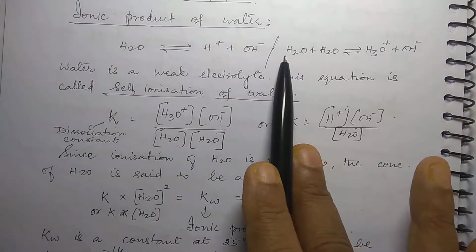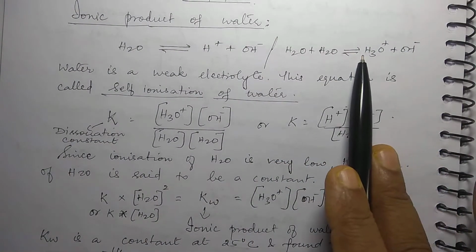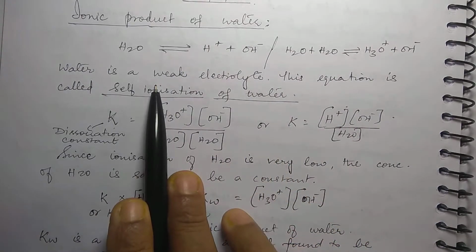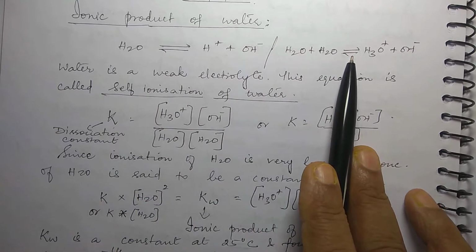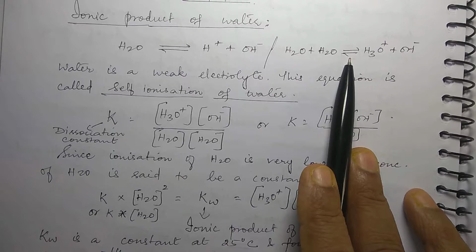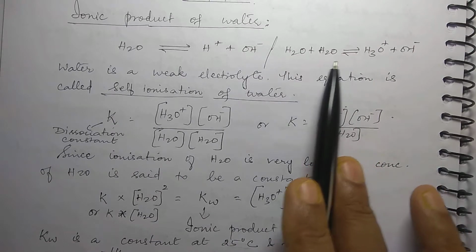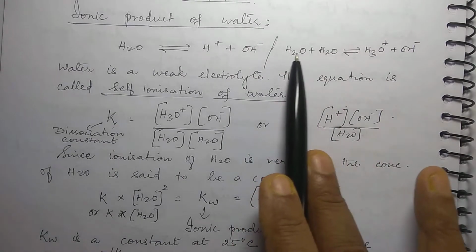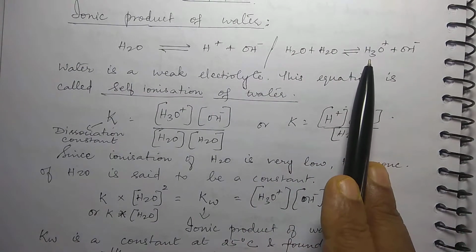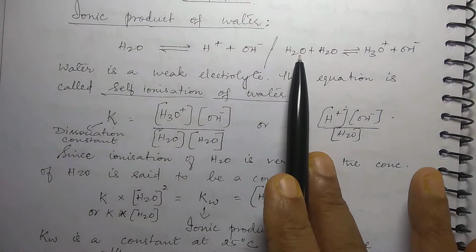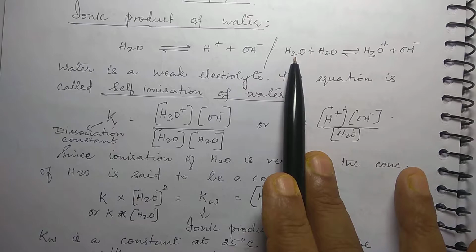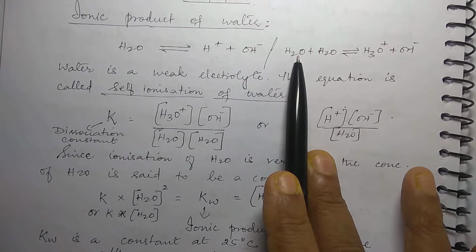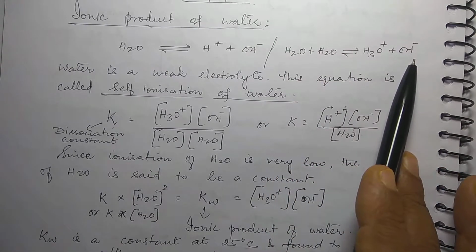Remember, water is a weak electrolyte. So when you show the ionization, any weak electrolyte can only show a reversible equation, or it can come to an equilibrium state. Now this equation is called the self-ionization of water. You see one water is picking up H plus from the other water and leaving behind OH minus.